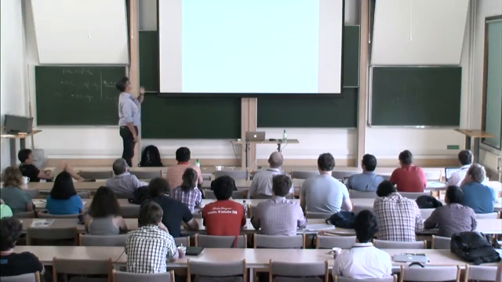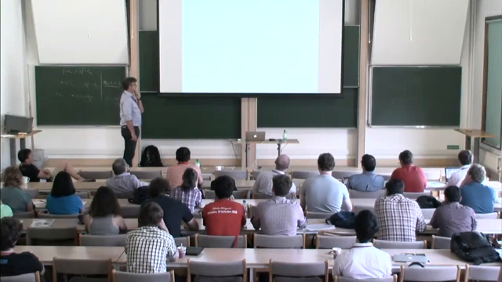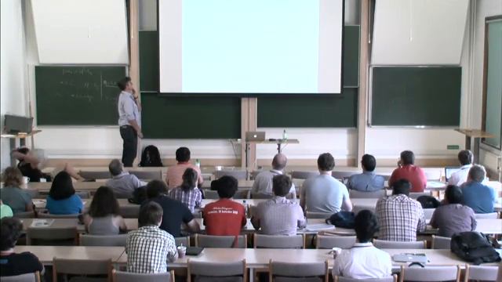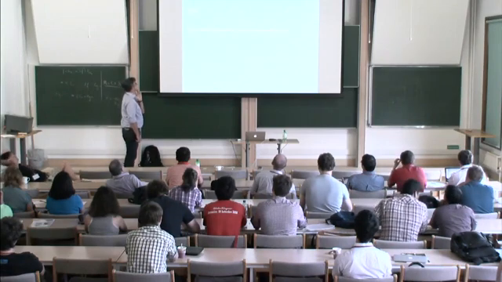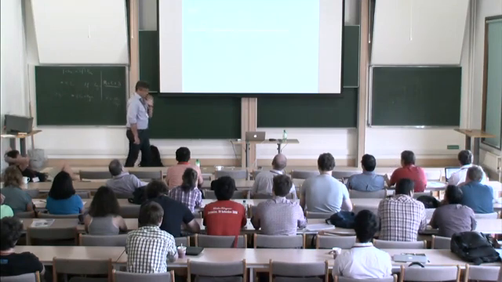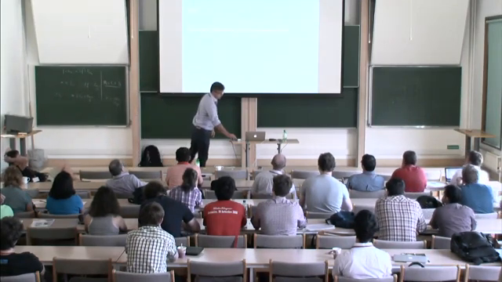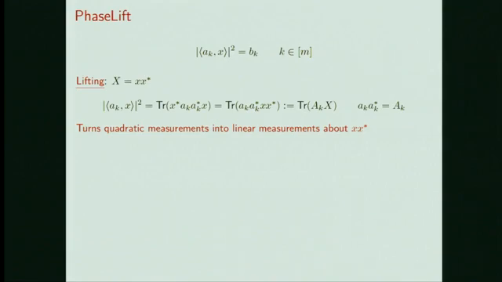Okay, so now I want to introduce what this has to do with convexity. Of course, this is not a convex problem. And so I'm going to use a trick that I'm sure most of you are familiar with. I'm going to turn these quadratic measurements into linear measurements about a positive semi-definite matrix capital X. So I'm going to use a lifting trick, which is as follows. I'm going to write X as xx star.